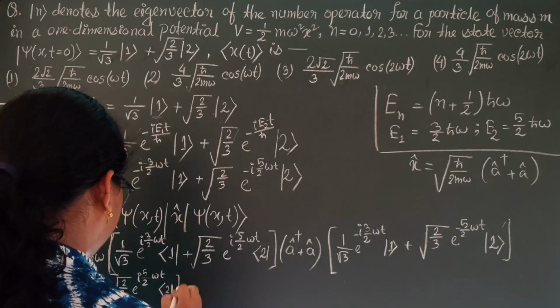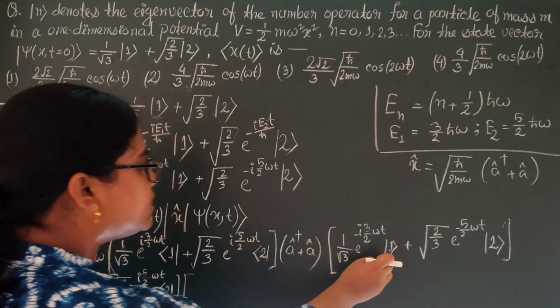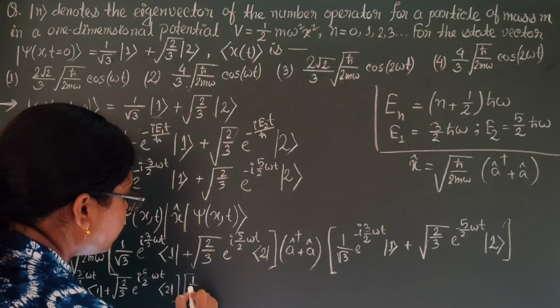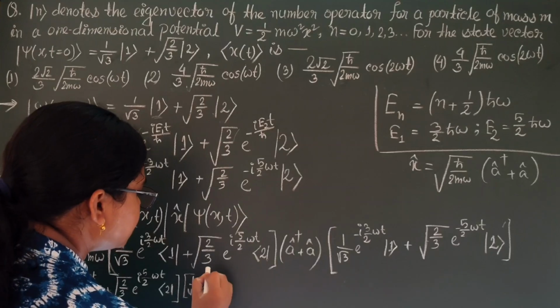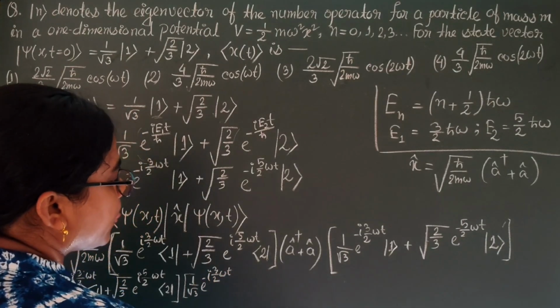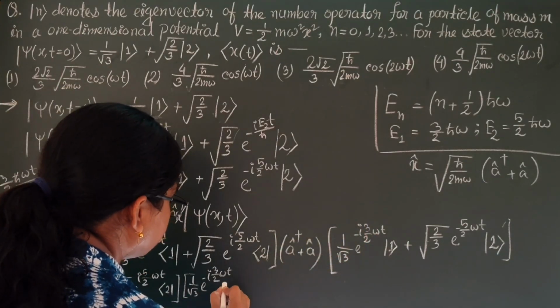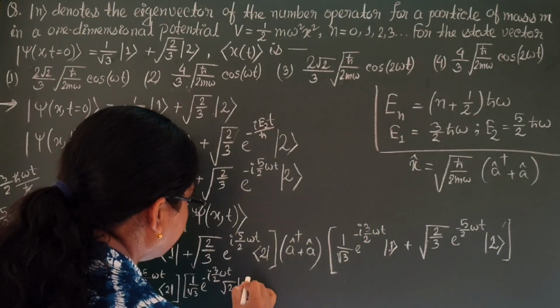Okay. Now look, when a dagger operates on state 1, it will give state 2, so it will be 1 by root 3 e to the power minus i 3 by 2 omega t, and a dagger acts upon 1 giving root 2 and the state 2.